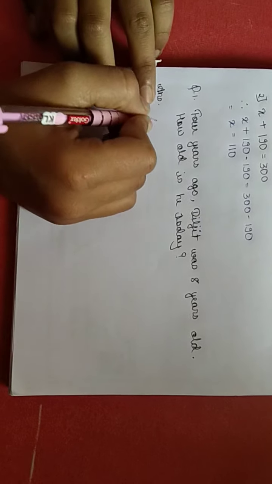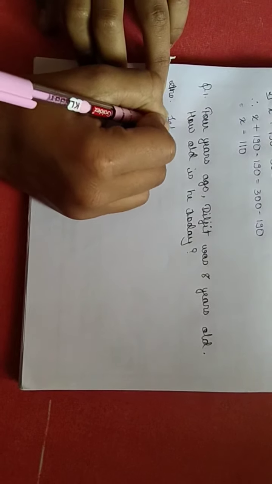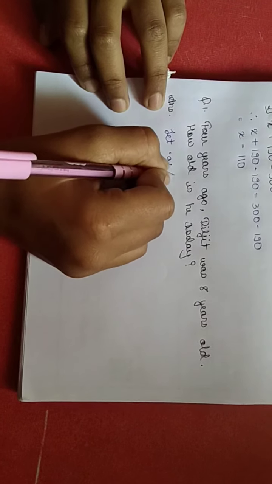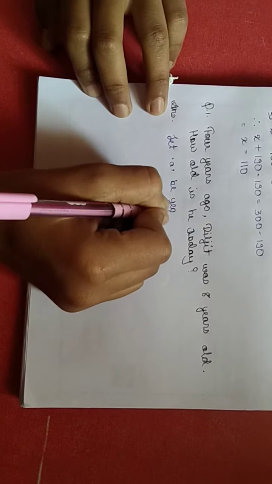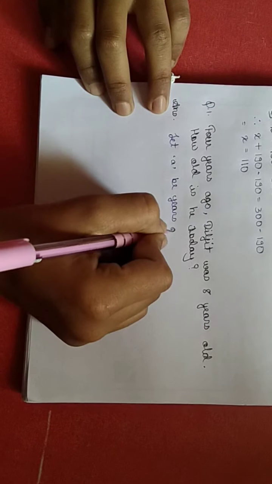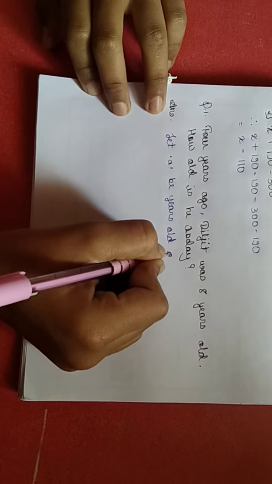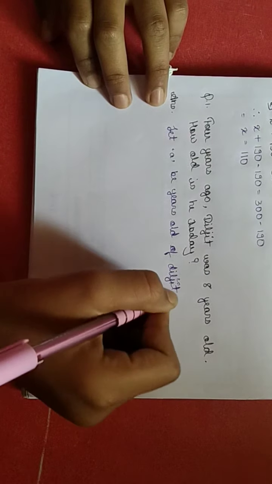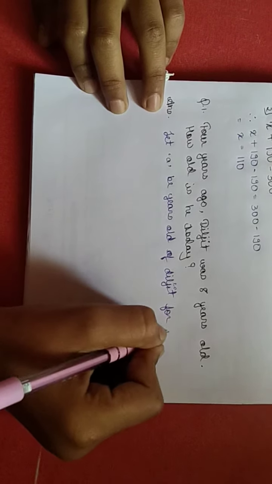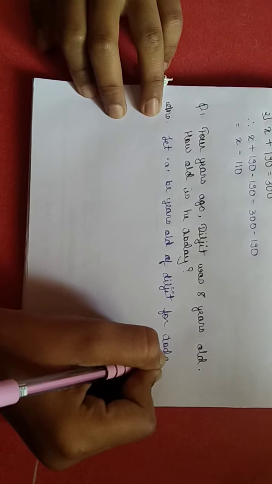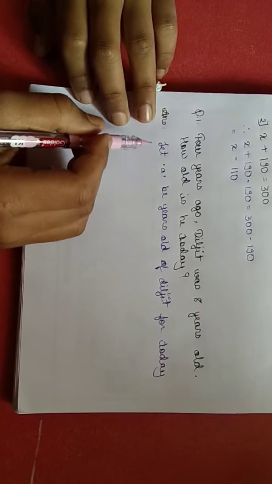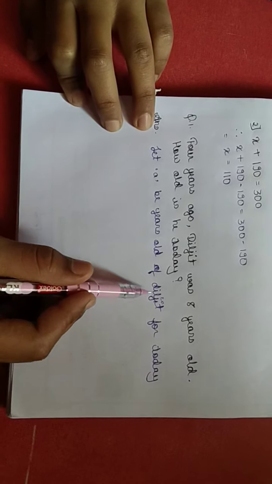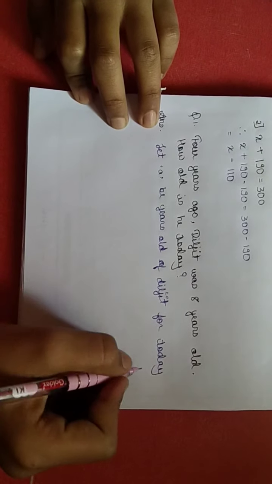So in the answer we have to write: let A be the age in years of Diljit for today.